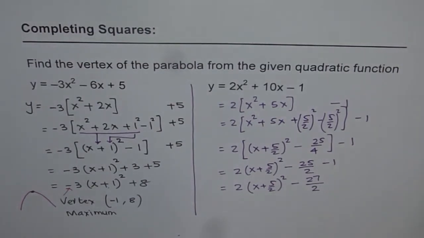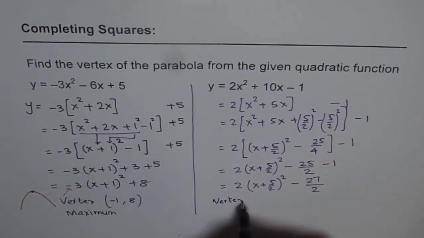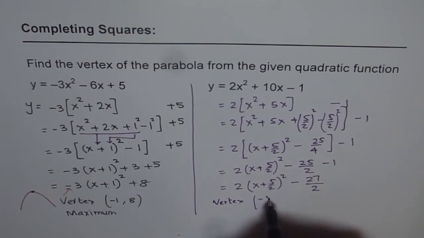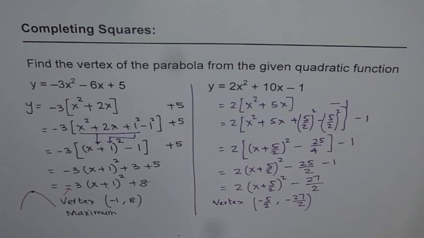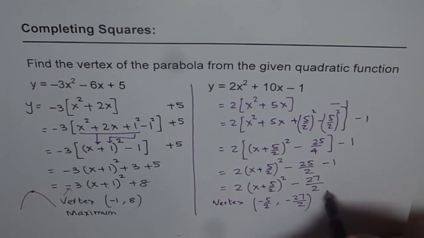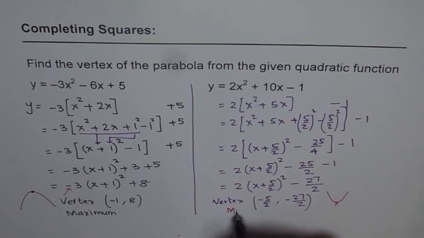So that becomes your equation in vertex form, and here the vertex is (-5/2, -27/2), with x being -5/2 or -2.5. And what is this value, maximum or minimum? This value is a minimum since the parabola opens upwards, right? So here you have this vertex, and therefore this point represents a minimum.